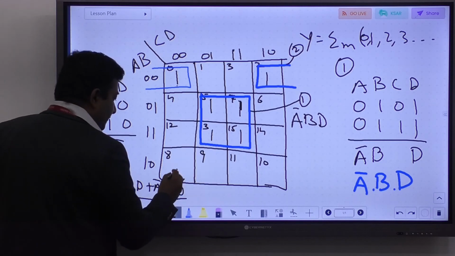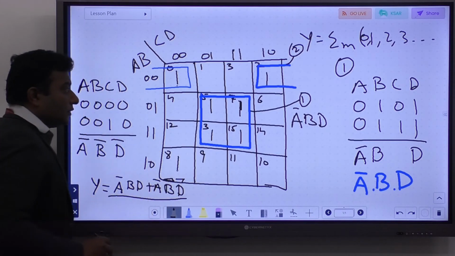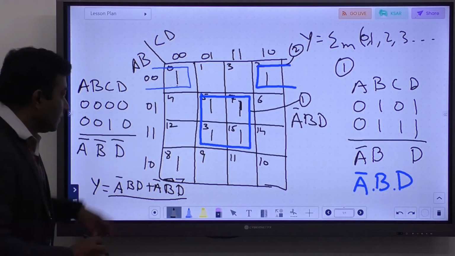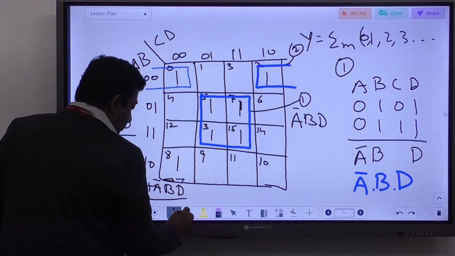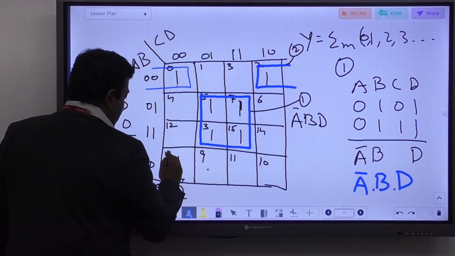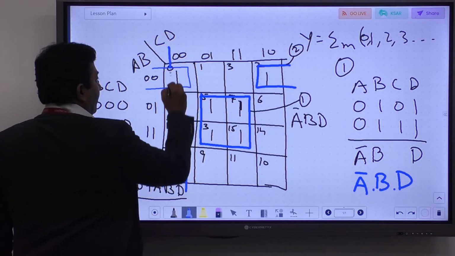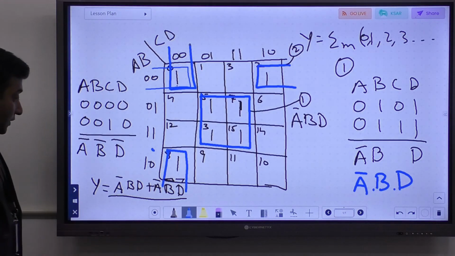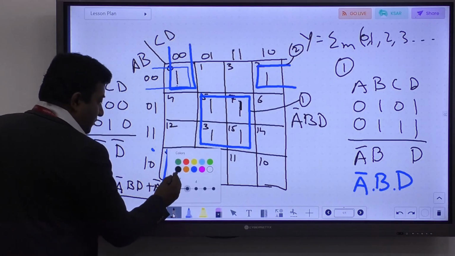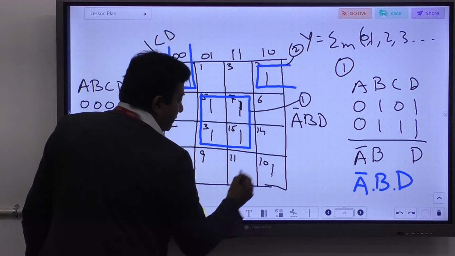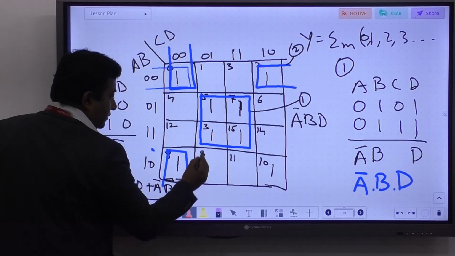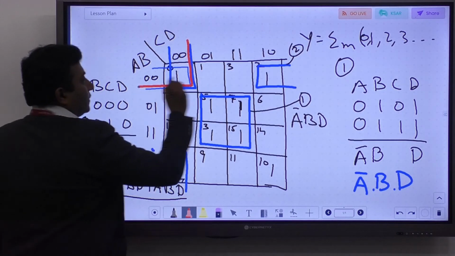Say in case if we are having a minterm over here, what we get is a quad and there would be 2 pairs. A pair over here, again this pair and this. So there will be 3 groups. In case if there is a minterm at this position, again this can be taken as a quad.